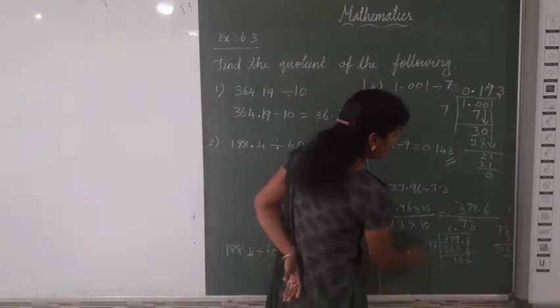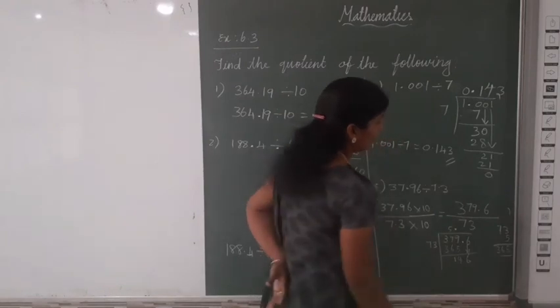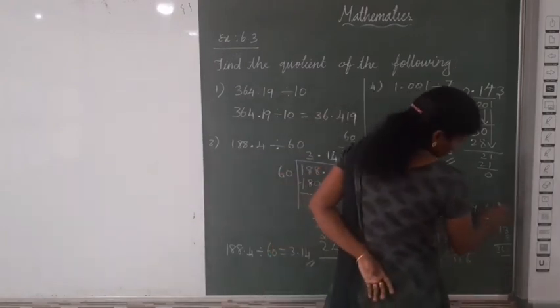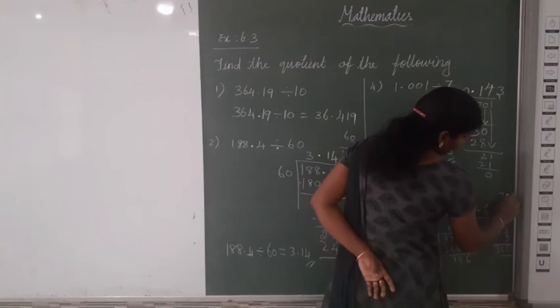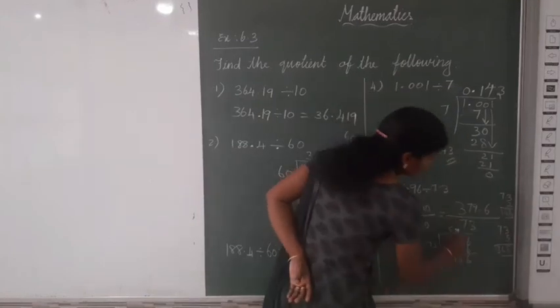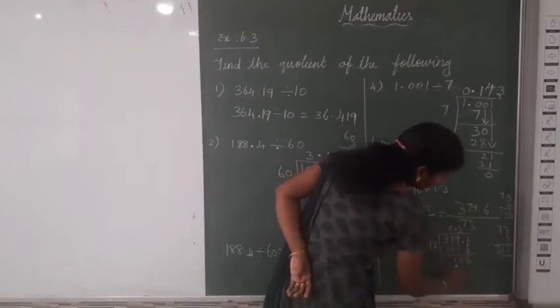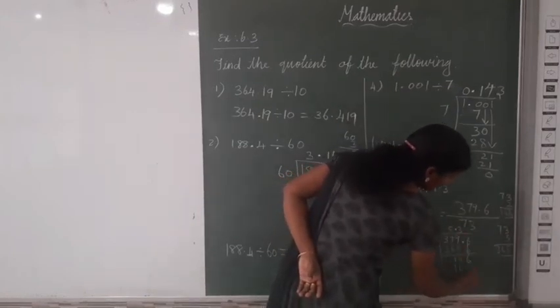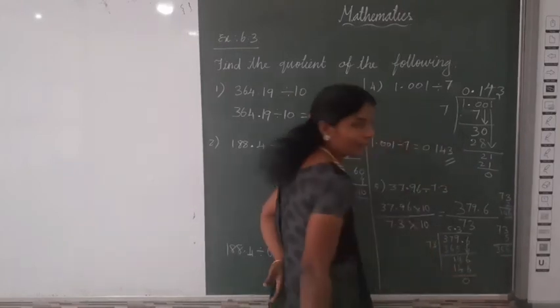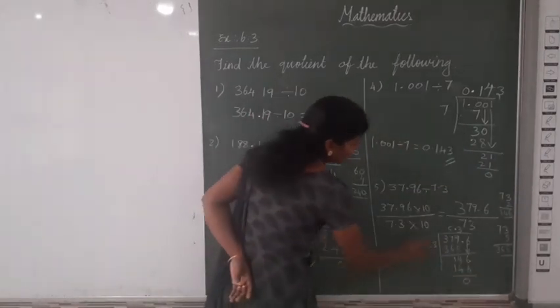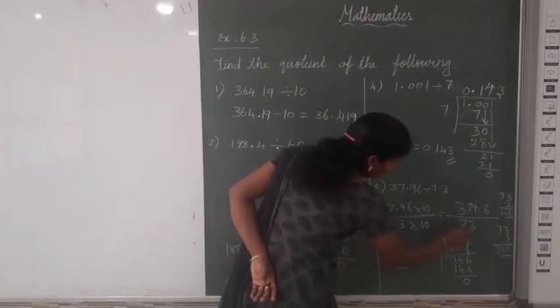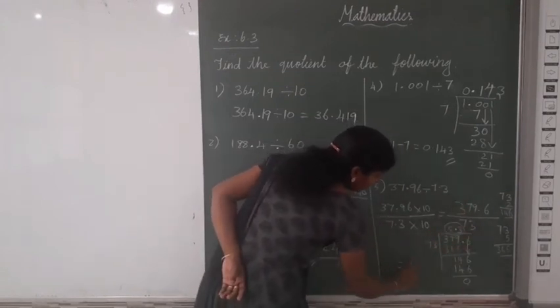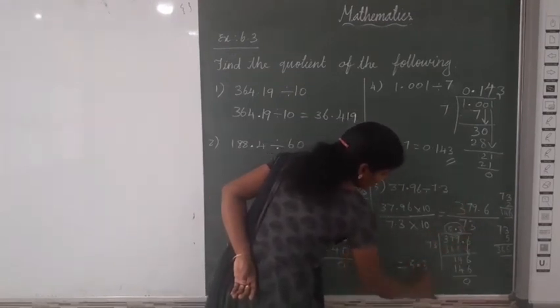Now 73 into what? 2 times means 3 2s are 6, 7 2s are 14, 146. So 2 times. Remainder 0. So what's the answer? That answer is 5.2. 5.2 is the answer.